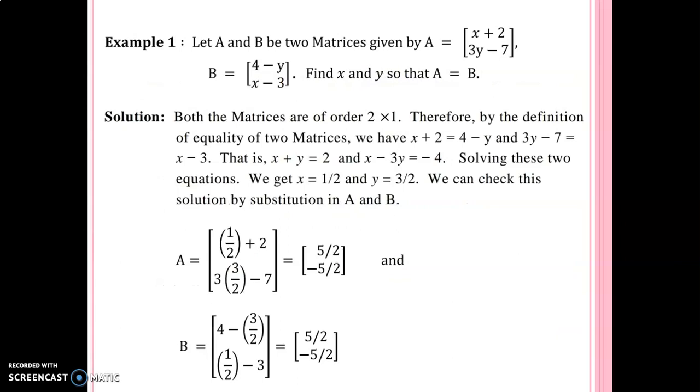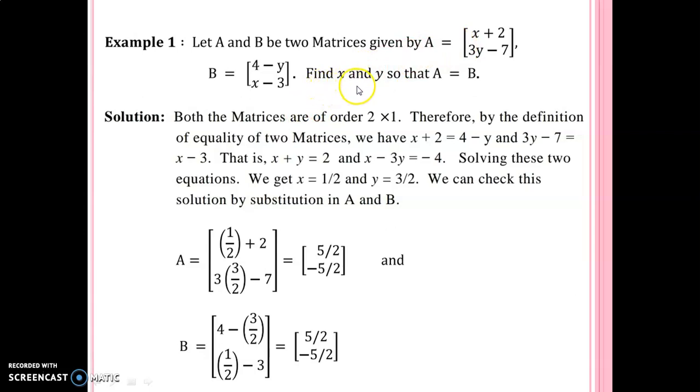For this, we'll take an example. Here the matrix A has order 2 by 1, that is, it has 2 rows and 1 column. Similarly, the matrix B also has order 2 cross 1. So, the number of rows in A and B are the same, and the number of columns in A and B are also the same.